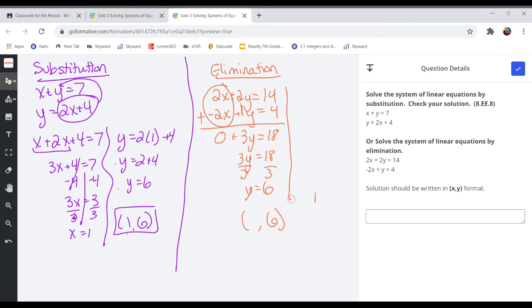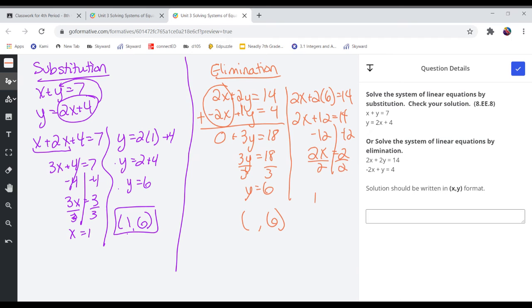Now I need to solve for x. Plug it into one of the two original equations, doesn't matter which one. So I'm going to plug it into the first one. 2x plus 2 times 6 equals 14. 2x plus 12 equals 14. Extend that equal sign, subtract 12 from both sides. 2x equals 2.